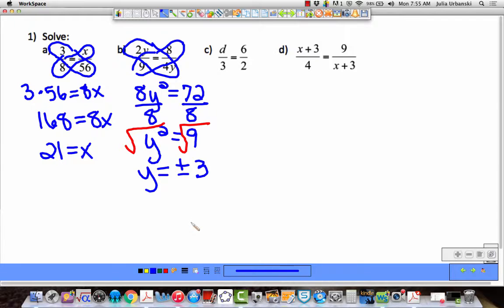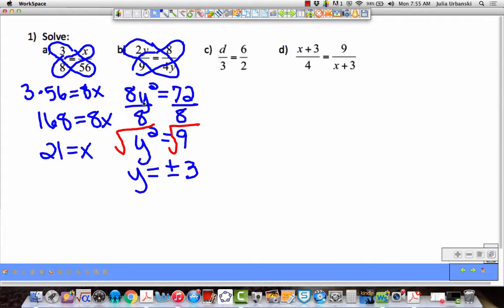Do letter C right now on your own. Any questions on that? You get D equals 9?